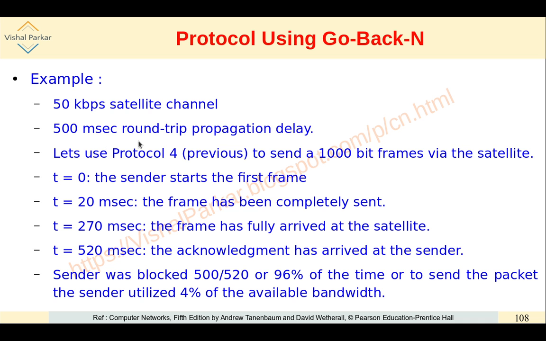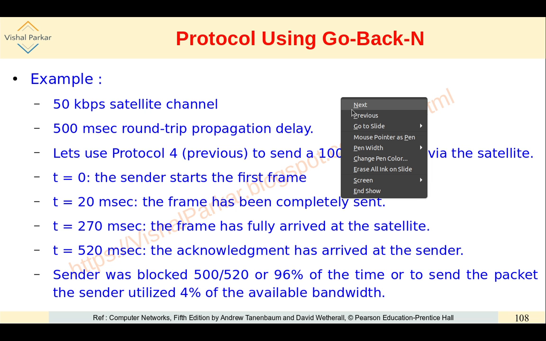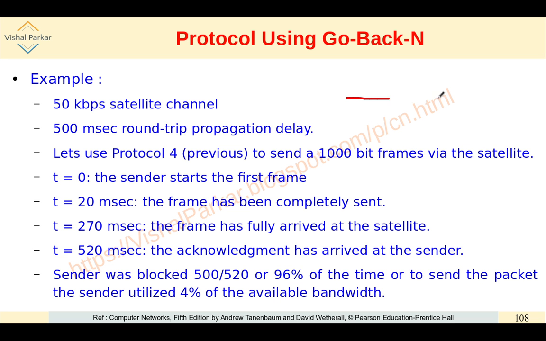Here the round trip propagation delay is 500 milliseconds. That means it will take 250 milliseconds for one way transmission. Now, the previous 1-bit sliding window protocol will be used here to send 1000 bit frames via this particular satellite channel.